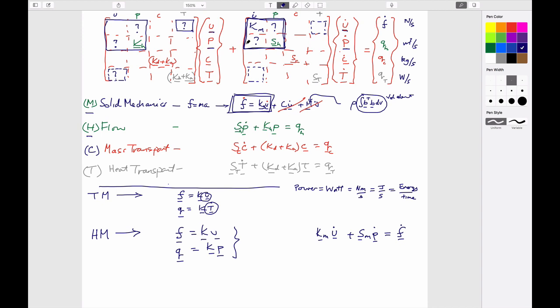And then I'm going to do the same to the term underneath it, which is going to be, let's call this S. I call it P because I've already used, unfortunately, this term here. Operating again on u dot plus Sp times p dot equals Q.